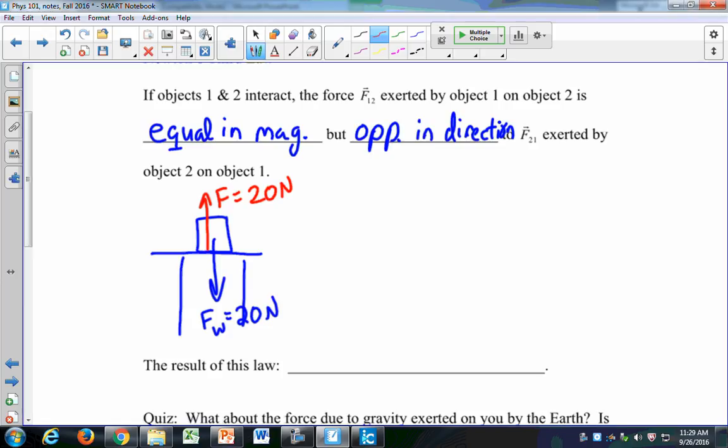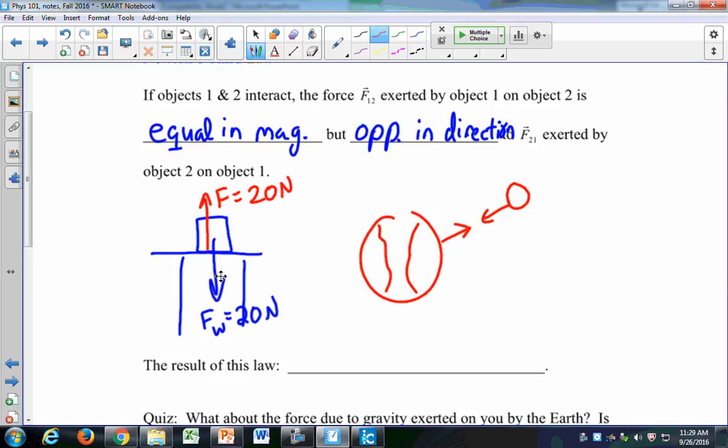And that's true also for field forces. Here's the Earth, here's the moon. I have a force in that direction and a force that's equal but opposite from the moon exerting on the Earth. So anytime I have one force, I'm going to have an equal and opposite force.